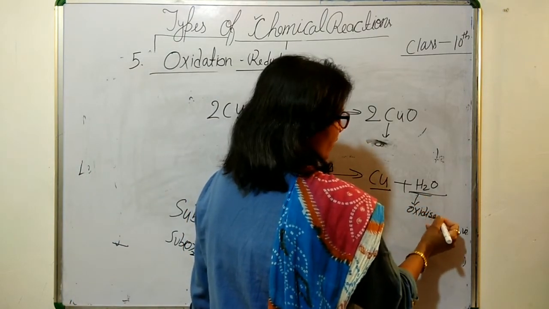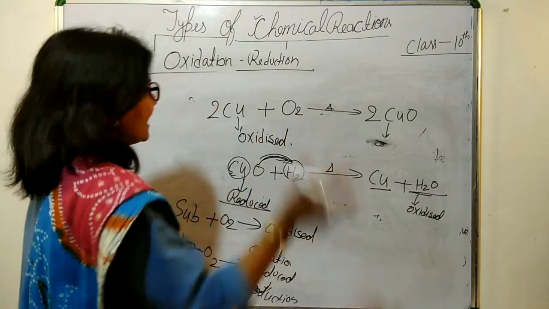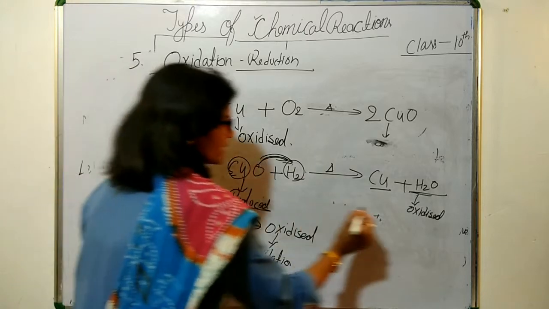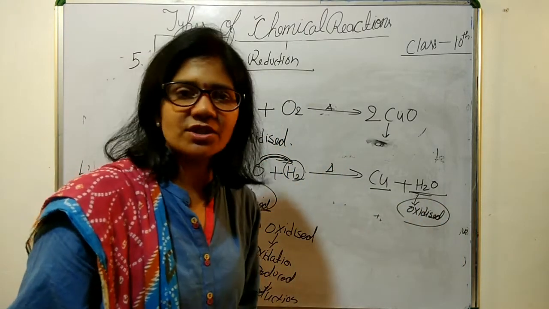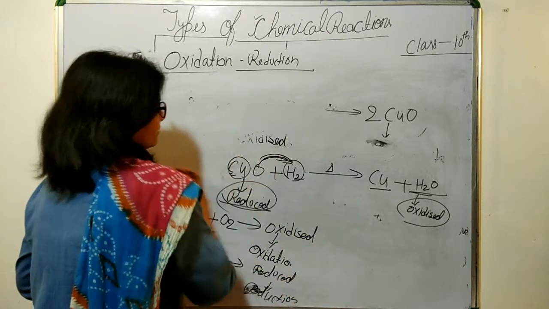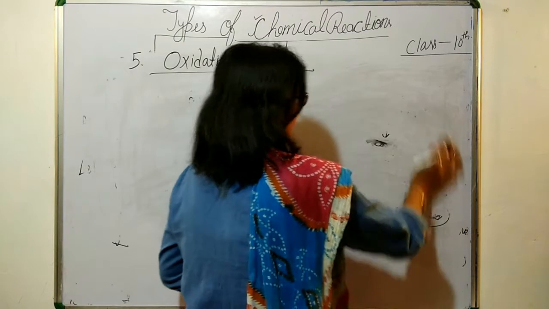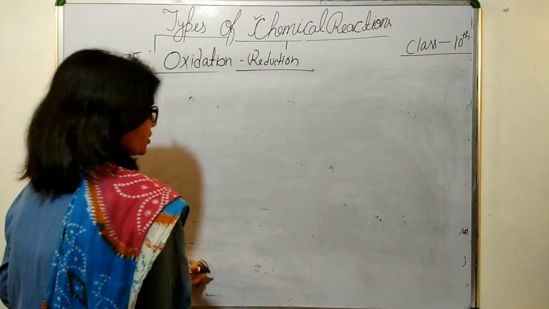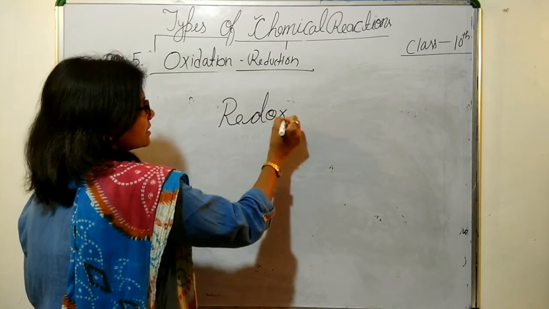So the conclusion is that in any reaction, oxidation as well as reduction takes place at the same time, and any chemical reaction in which reduction and oxidation take place at the same time is called a redox reaction.